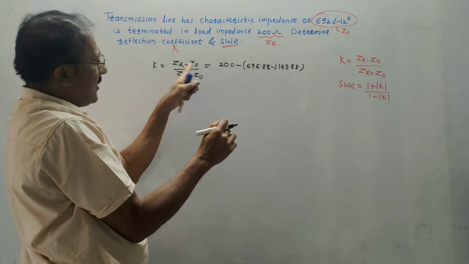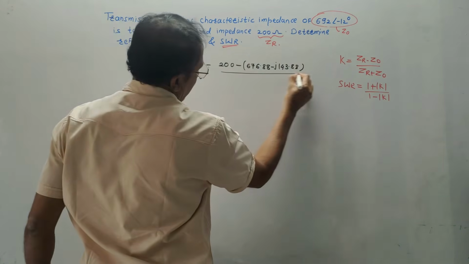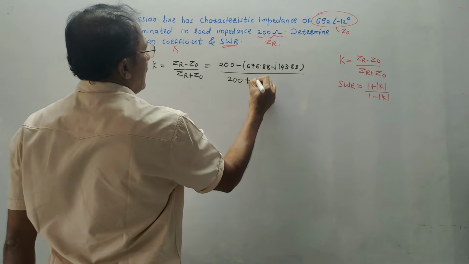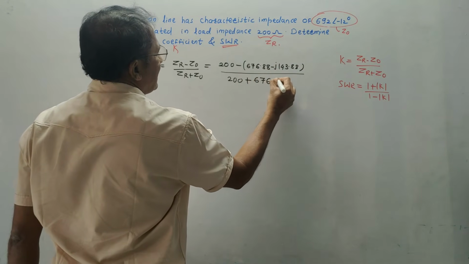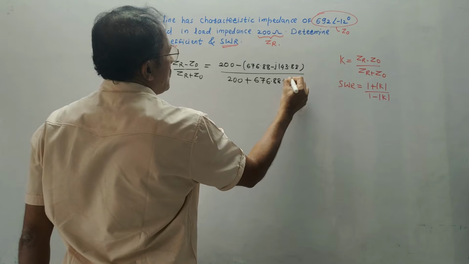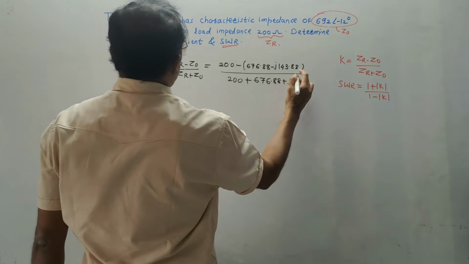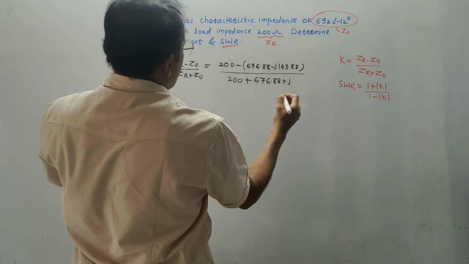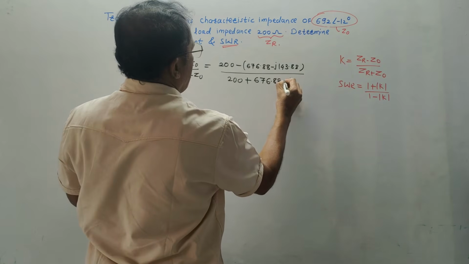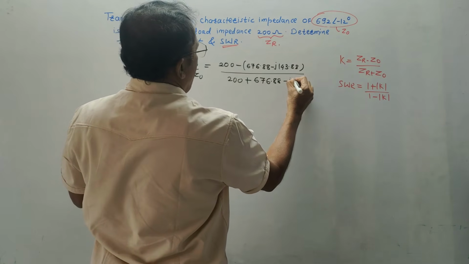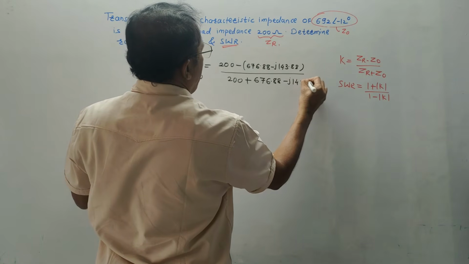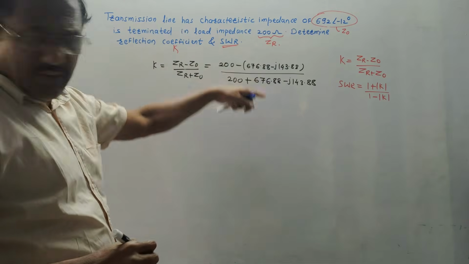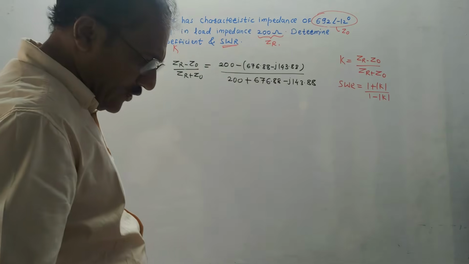This minus sign I have kept as it is, divided by ZR, which is 200, plus the value of Z0, which remains as it is, 676.88 minus J143.88. This is ZR plus Z0. So you just have to simplify these calculations on the calculator.